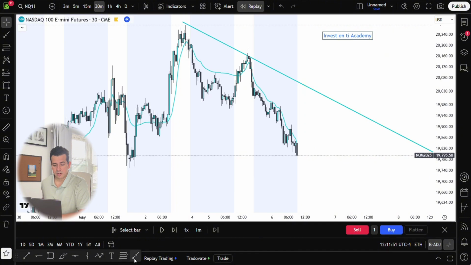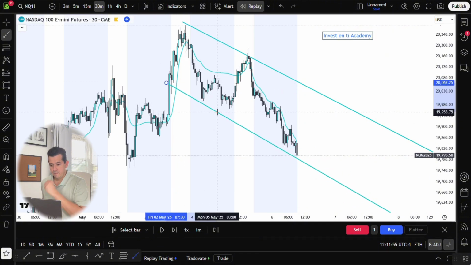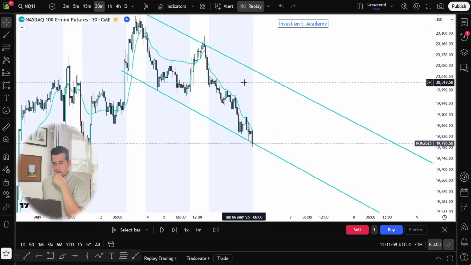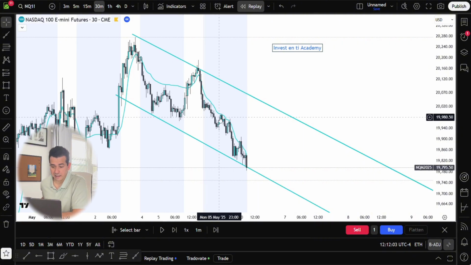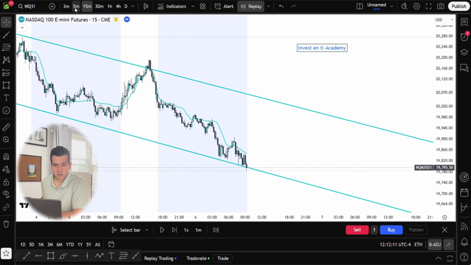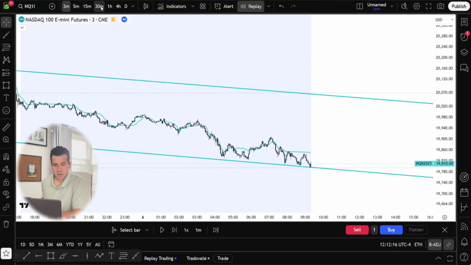I check the direction first, the direction of the trend, what the trend is trying to do. As you can see, we look like we're in a downtrend market. So we're gonna switch time frames to 15 minutes, 5 minutes, and 3 minutes.